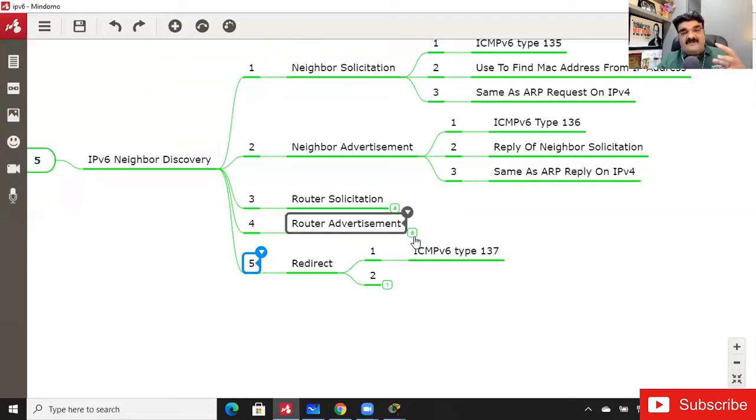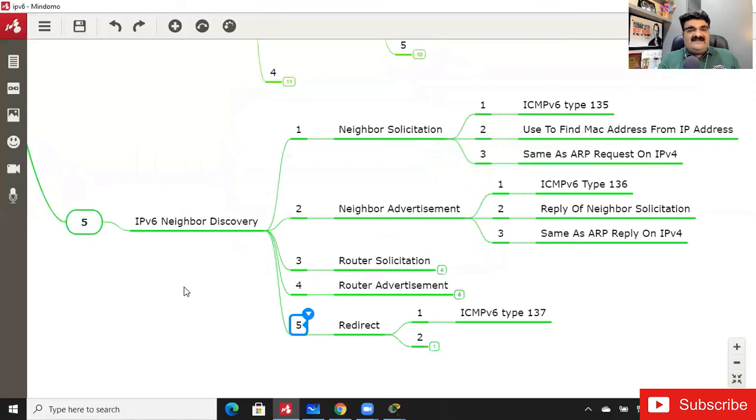But before I talk about router solicitation and router advertisement, it is good to talk about how to assign IP version 6 addresses. There is stateless, there is stateful, and so on. This process will take time, so we have to start a totally new session, with practical work again, to understand how to assign IPv6 addresses to a PC or to the router.